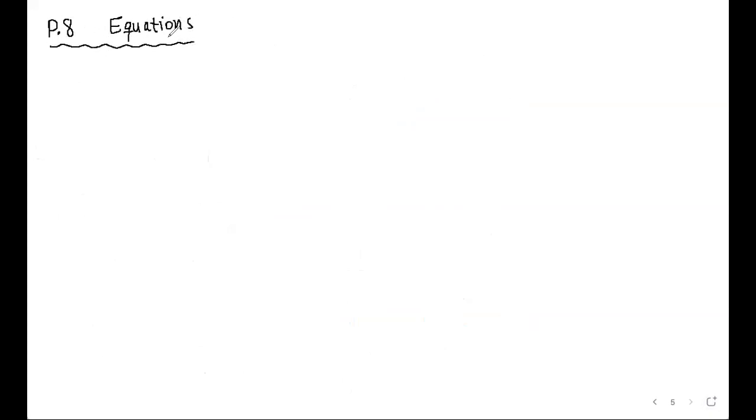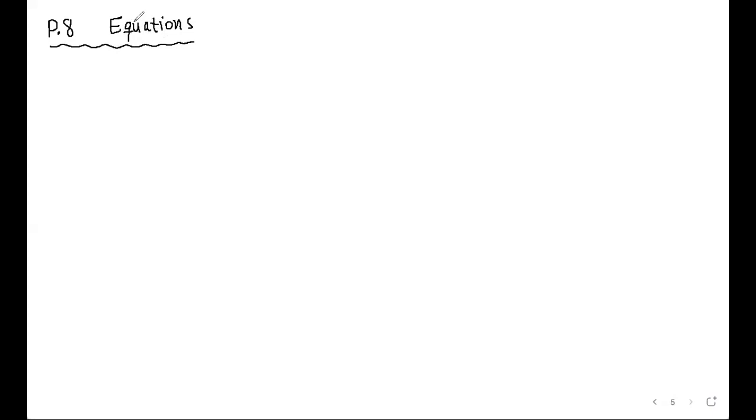In this section, we're going to learn how to solve equations. First of all, what's the definition of equations? How we can solve linear equations, quadratic equations, and other types of equations. So first of all, what is the meaning of equations? Have you heard about this in high school or any place?